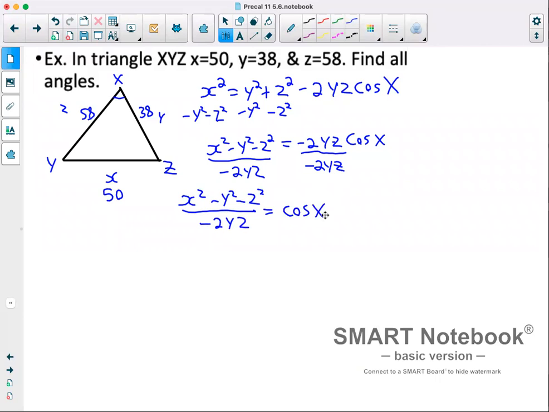At this point, we'll substitute our values in. So we have 50 squared minus 38 squared minus 58 squared, divided by negative 2 times our y value of 38 times our z of 58. And that's equal to cos of x.